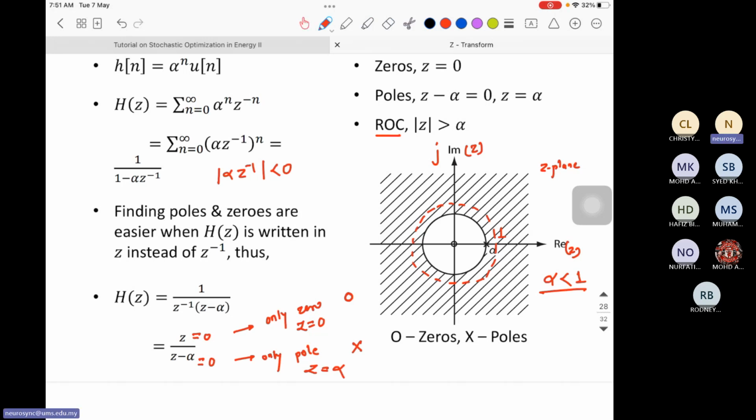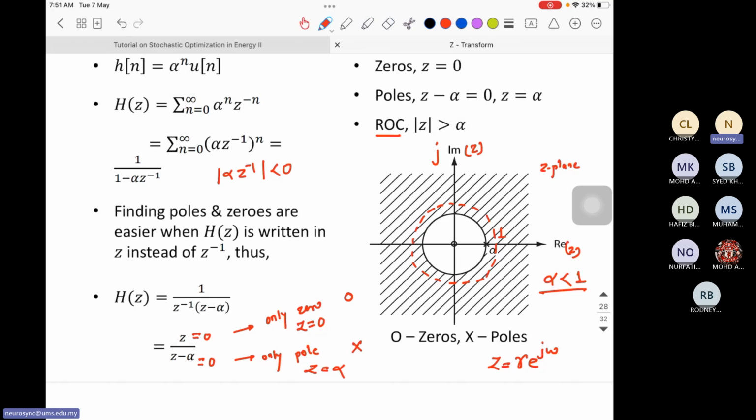Now using the Z transform, we write z in terms of r e to the power j omega.